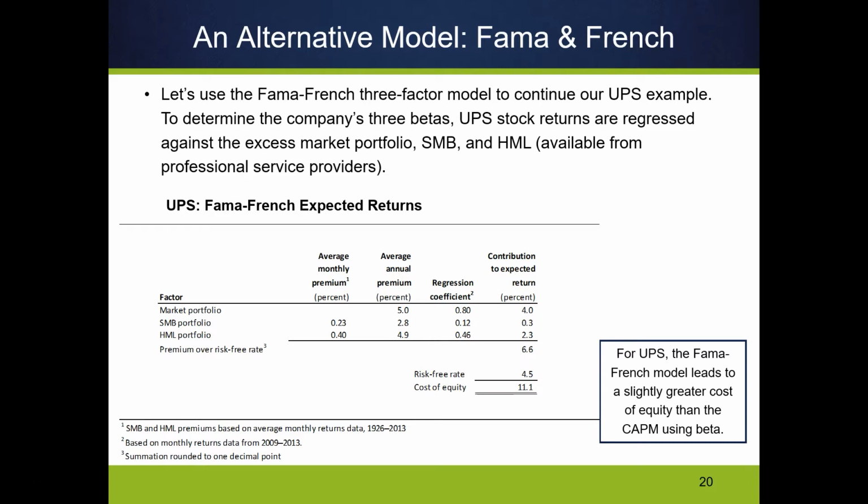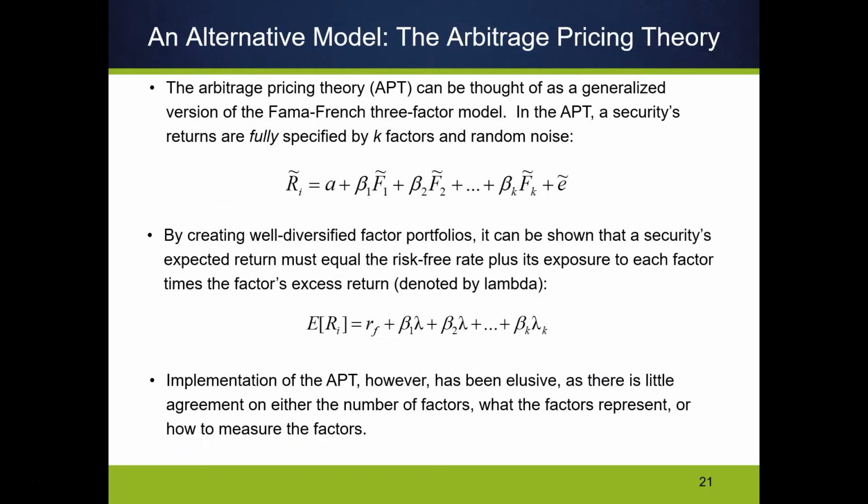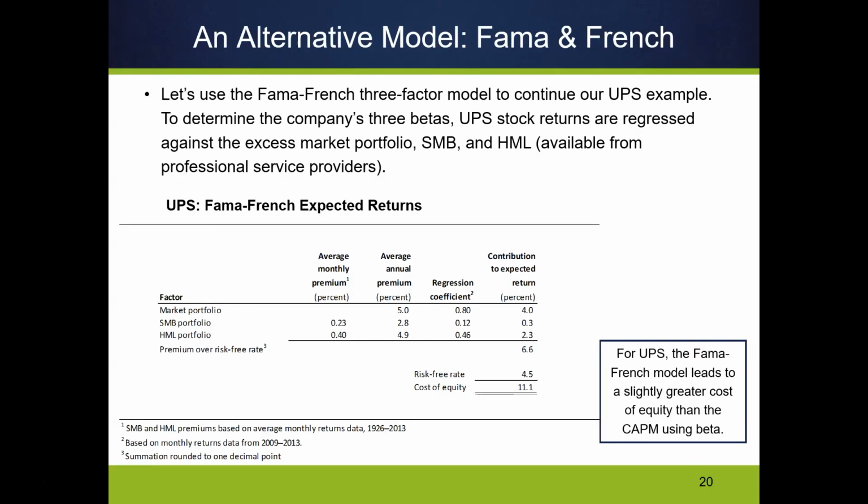Now, if we use the Fama French three-factor model to estimate the expected return for UPS, we expect to get numbers that are relatively similar to what we'd use when we do CAPM. In other words, CAPM might be underestimating risk because it's not accounting for these other factors, but it should be similar. And so we run our regression.